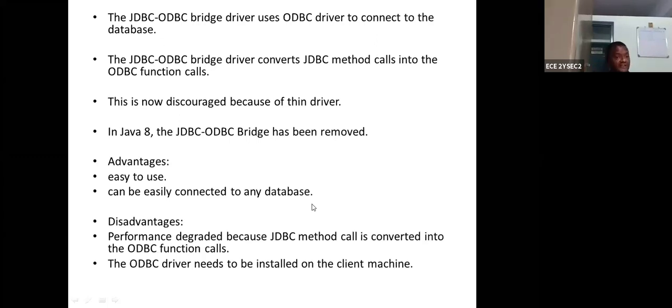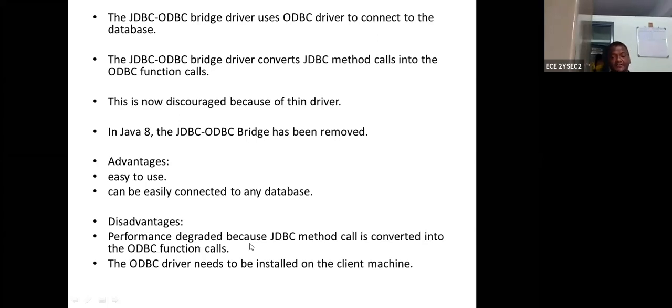The advantage is the JDBC-ODBC connectivity, but that is also a disadvantage, because a conversion takes place. Each and every time we should convert the method call from Java language to C language.